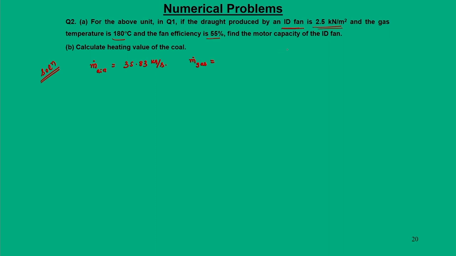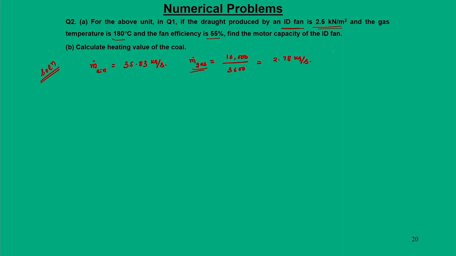These combustion products are obtained from the rate at which the coal is fed. Coal is fed at the rate of 10,000 kg per hour. So, from this we can calculate 10,000 divided by 3600. At this rate the combustion product, or gaseous product, or flue gas is generated. So, here gas means flue gas. So, it is 2.78 kg per second.